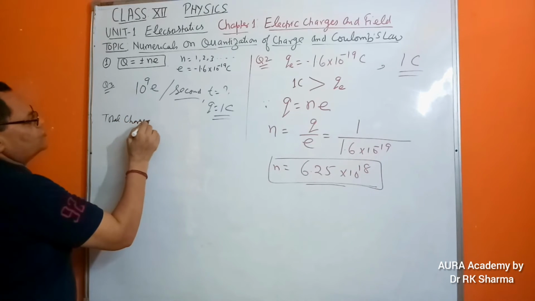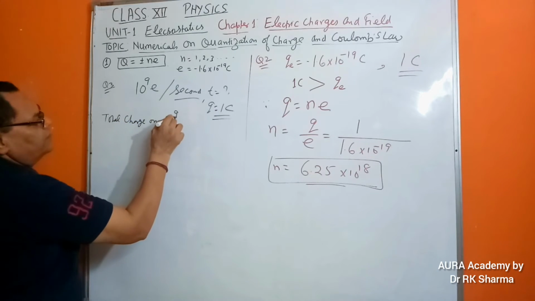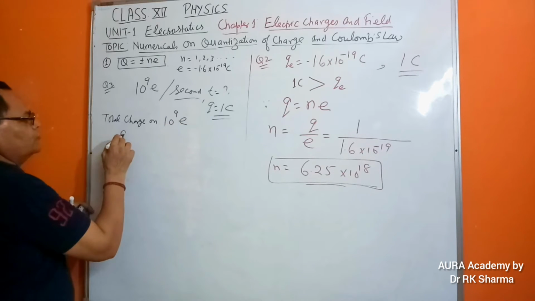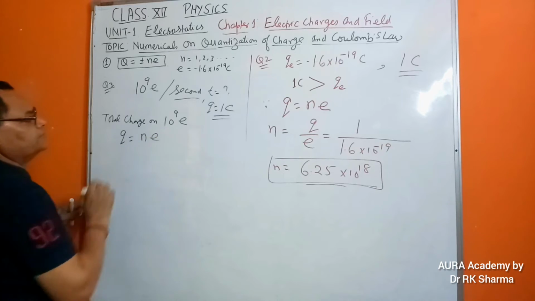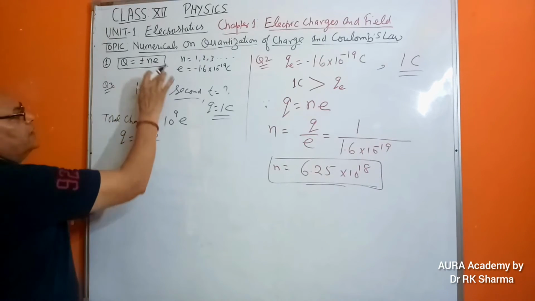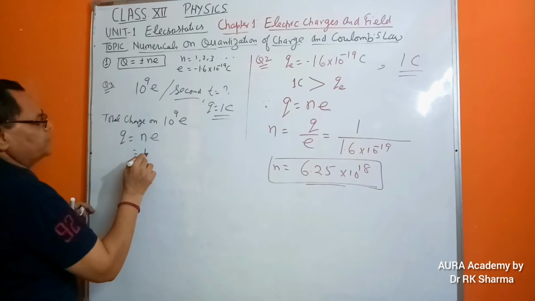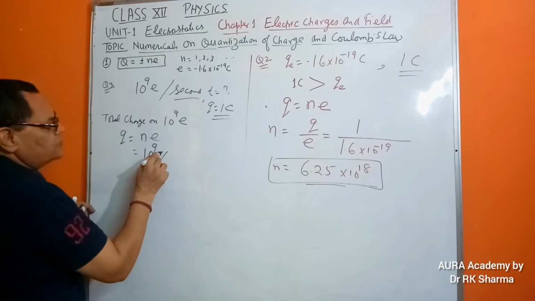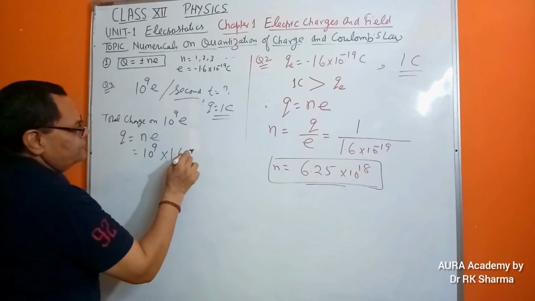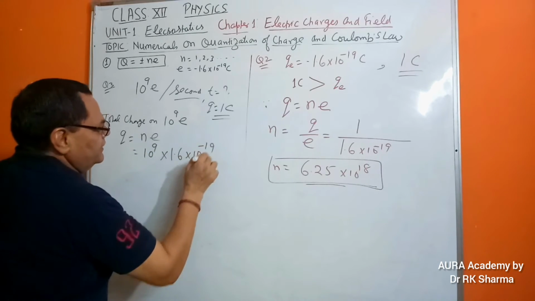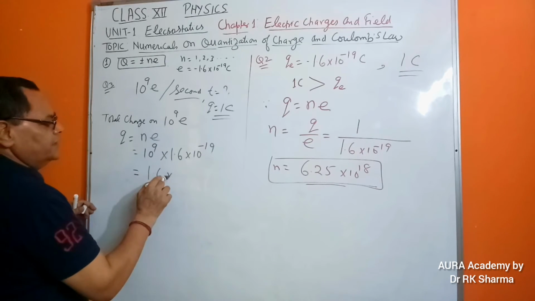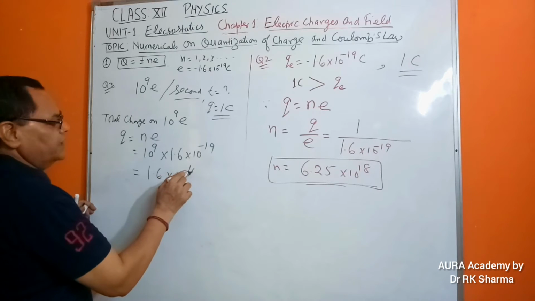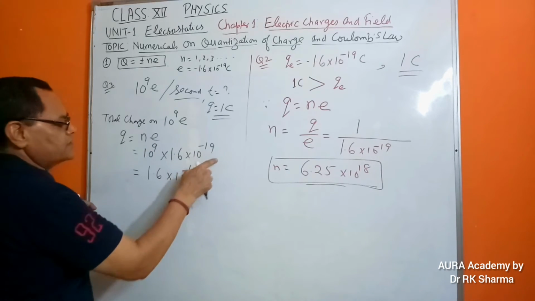The total charge on 10 to the power 9 electrons, Q, will be N into e. The number of electrons is 10 raised to the power 9, and the charge on an electron is 1.6 into 10 to the power minus 19. Simplifying, it is 1.6 into 10 raised to the power minus 10, because plus 9 and minus 19.